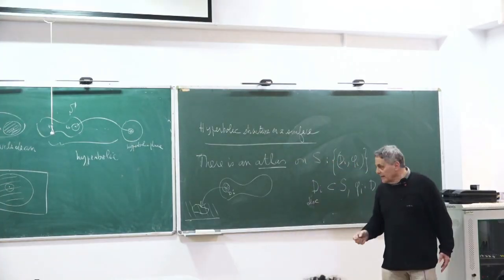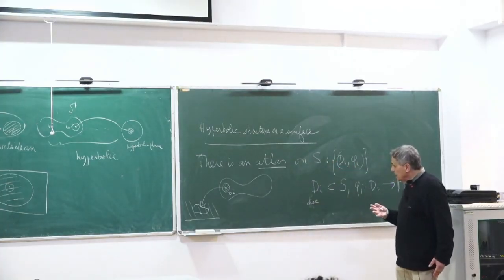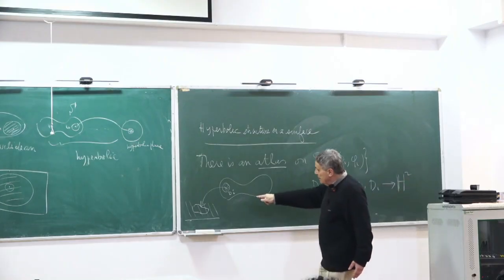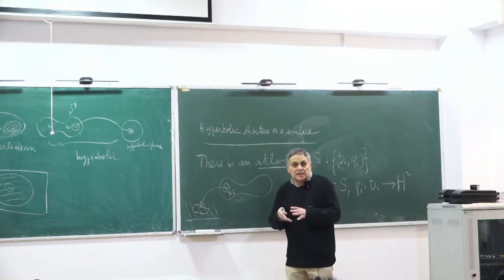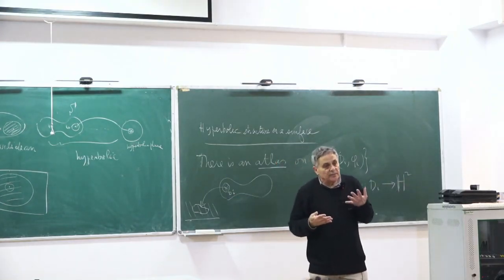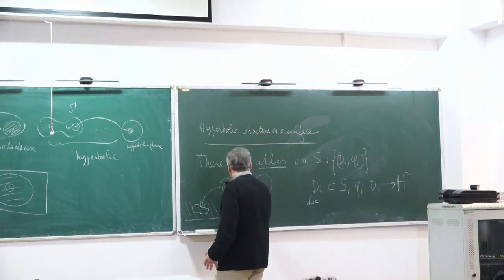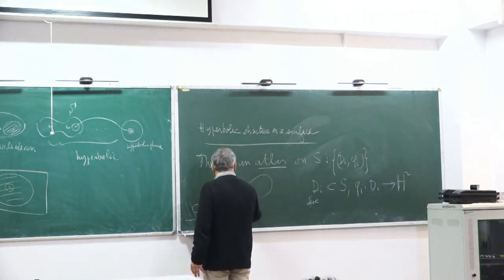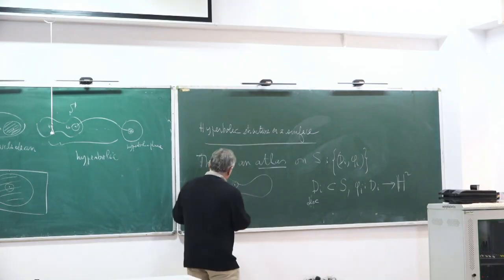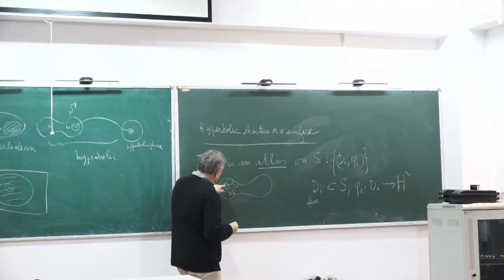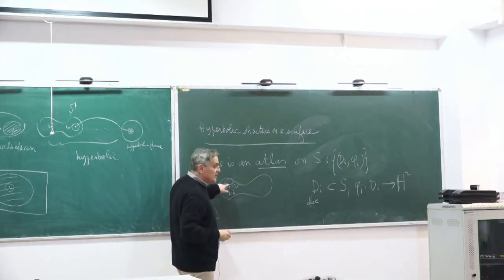Okay, and I want to say that here on this disk I see a disk of the hyperbolic plane. So I want to glue them all together. Another point here has this disk neighborhood. Another point here has this. But there must be some compatibility, right?